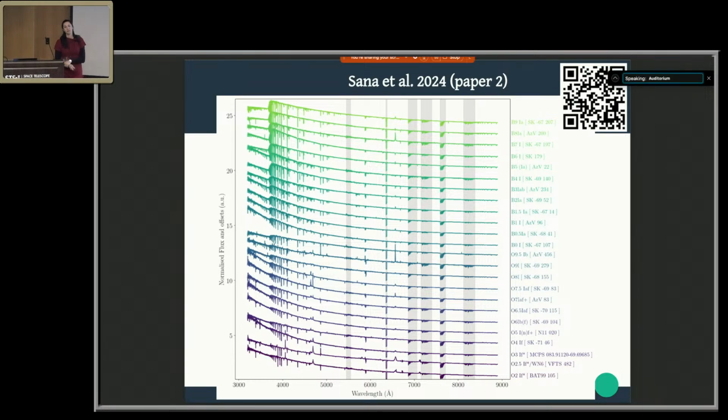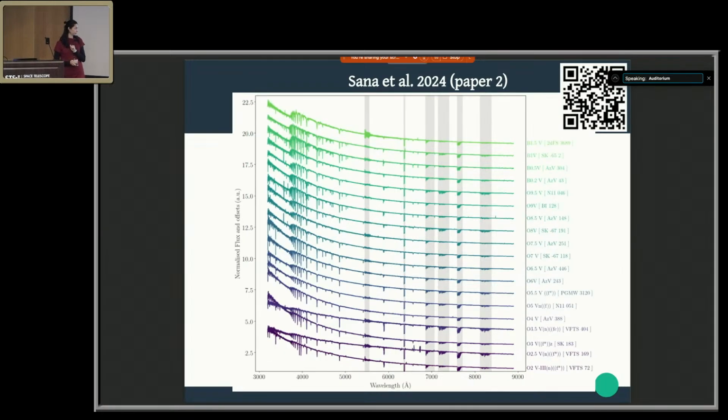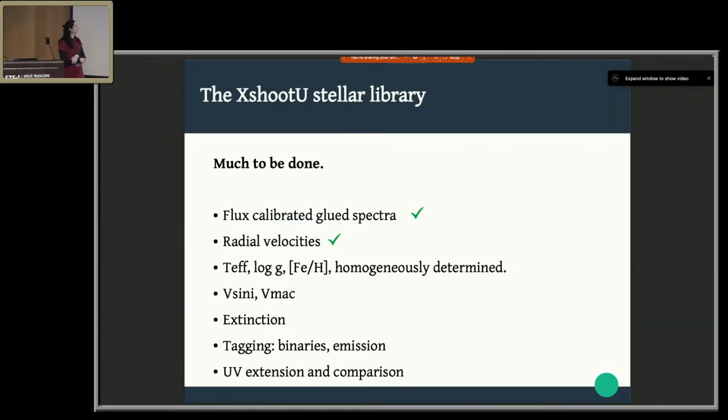But this is not a stellar library yet, not from a stellar population modeling point of view, right? So we have all these beautiful spectra, and they are flux calibrated. We have also calculated radial velocities for the paper, but we still need to transform this into a stellar library for stellar populations. It needs to have all the tags attached.